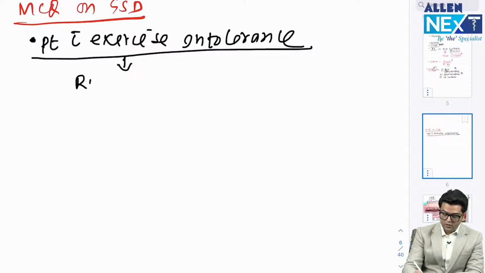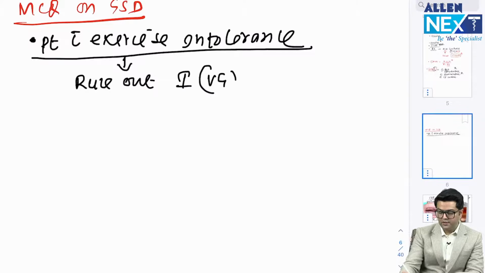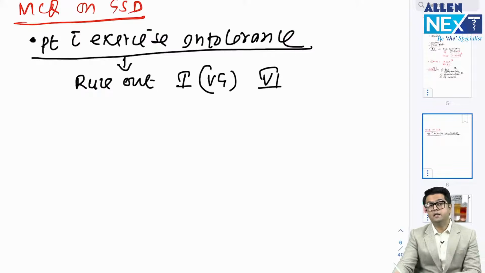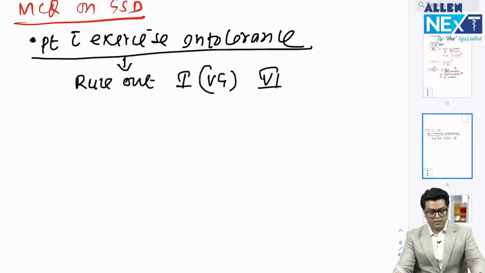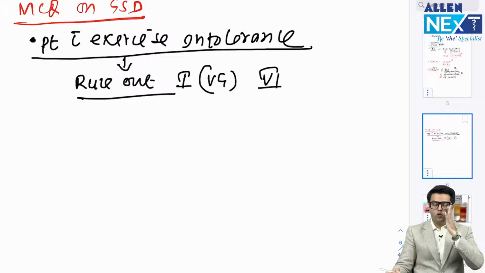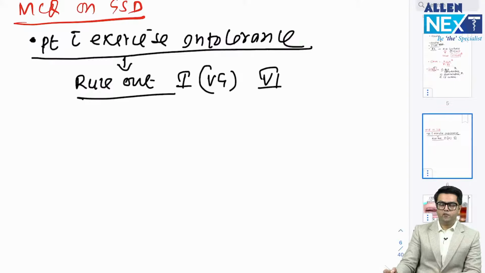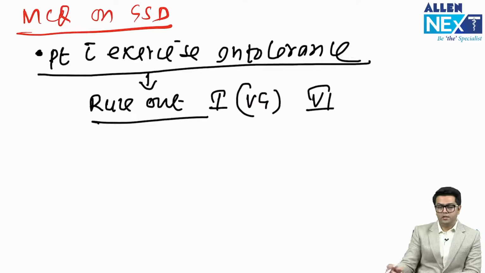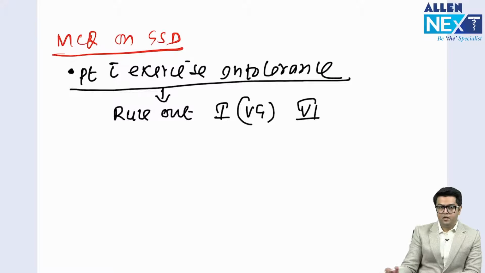So simply rule out type 1, that is von Gierke's disease, and type 6, that is Hers disease, because they do not involve muscles, right guys? What is the name of the enzyme which is missing in von Gierke's? It is glucose 6-phosphatase, which is absent in muscles. So if muscles are involved, it cannot be von Gierke's disease, clear, fine.